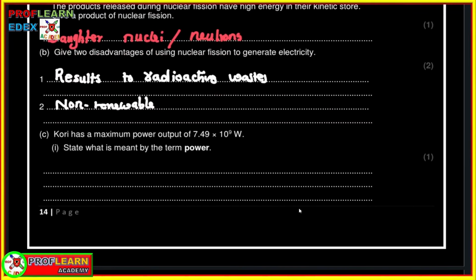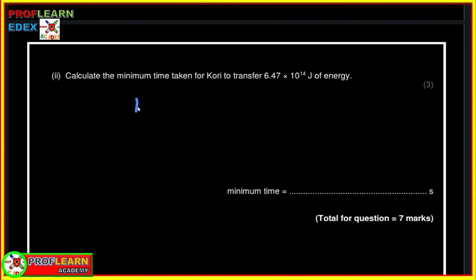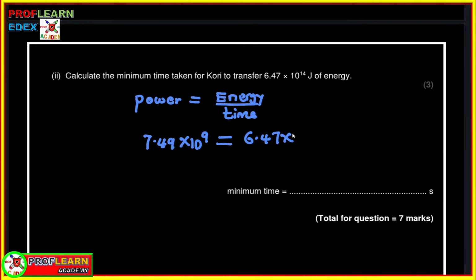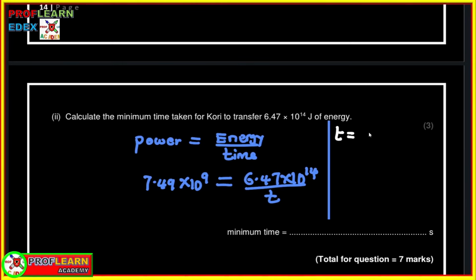We have a question to do with power. Remember, power can be defined as the rate of doing work, but we can also talk about power as the rate at which energy is transferred. So in that case, power is the rate at which energy is transferred. We can use the formula for power in order to work out the minimum time taken to transfer this amount of energy, and then we can make t the subject in this case, which is going to be of 7.49 times 10 raised to power 9.